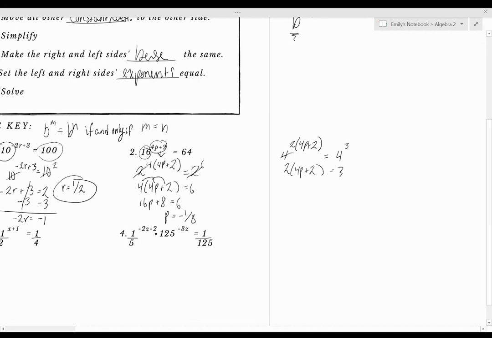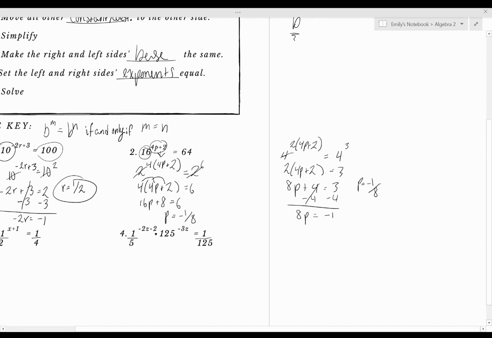And again, we're going to solve through it the same way that we did before. And again, we're going to see that p equals negative 1/8, which is exactly what we were expecting to see.